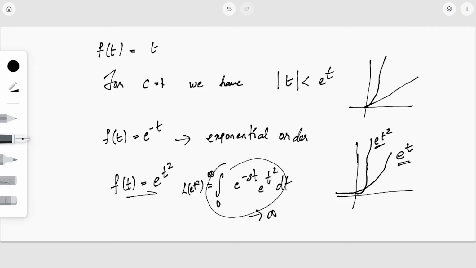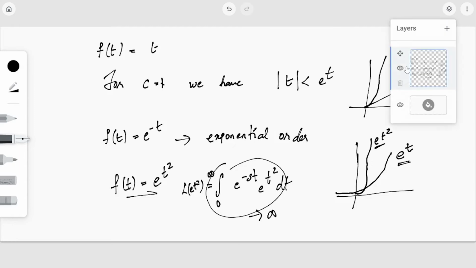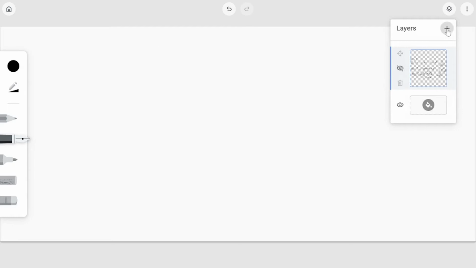Okay, so these are a few examples of functions which have exponential order and which do not have exponential order, and I hope the concept of piecewise continuity is clear for you guys. So now what we'll do is we are going to prove the sufficient condition. Okay, the condition is f of t is piecewise continuous and of exponential order, right?